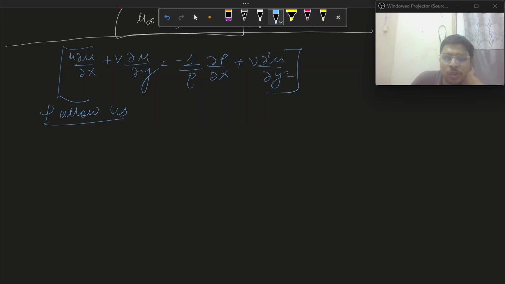So as y tends to infinity, u tends to u_infinity, and ∂u/∂y is equal to 0, so ∂²u/∂y² is equal to 0. So we can say that u_infinity du_infinity/dx equals minus 1 by ρ dp/dx.